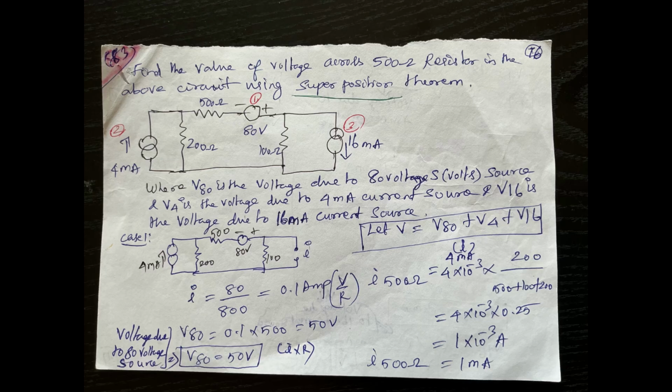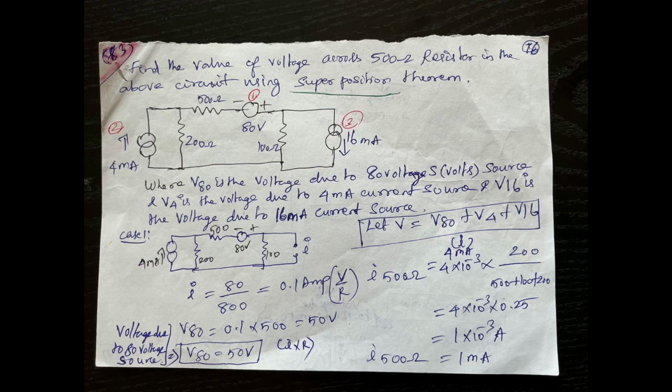First, find the current I. Small i is V divided by R, 80 divided by 800. 800 is 200 plus 500 plus 100 ohm, so 0.1 ampere. V80, with formula V is IR, is 0.1 into 500, that is 50 volt. V80 is 50 volt.